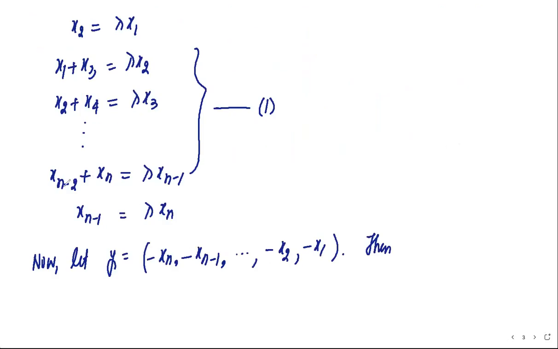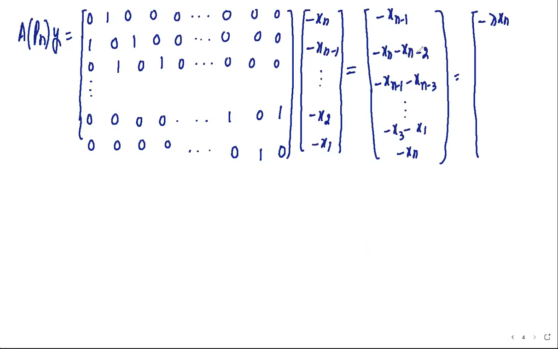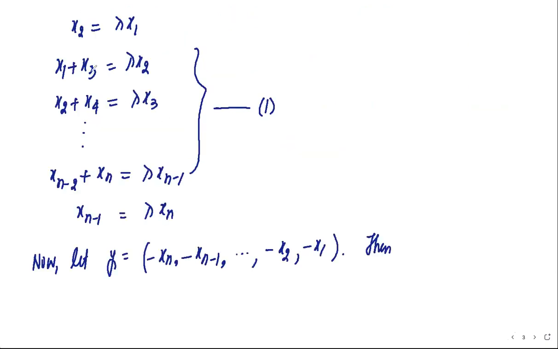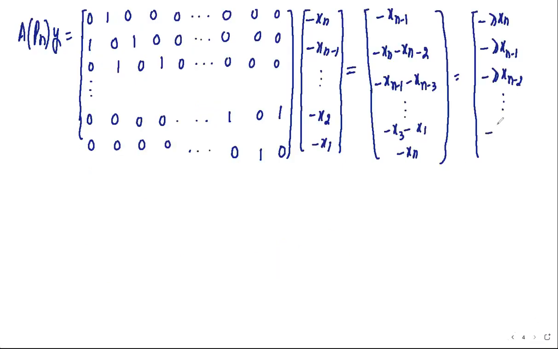Now the second equation is xn plus xn minus 2, which is lambda times xn minus 1, so this is equal to minus lambda times xn minus 1. And similarly, this is minus lambda times xn minus 2 from the system of equations given by 1. Now this minus x3 minus x1 can be written as minus lambda x2, and similarly this minus x2 is minus lambda x1.